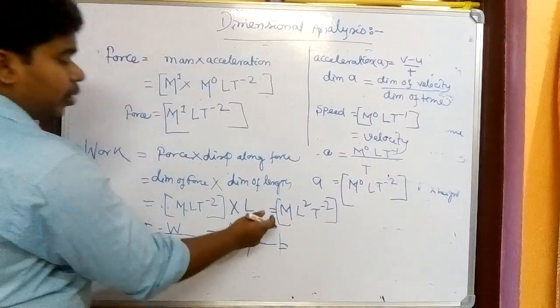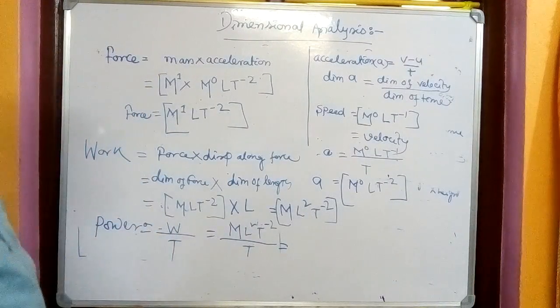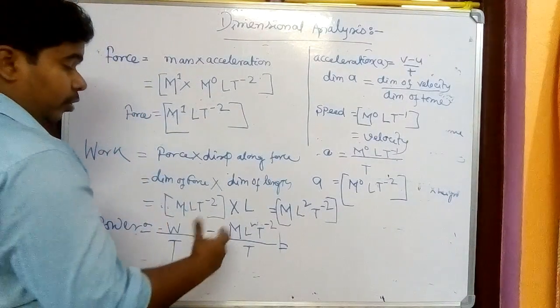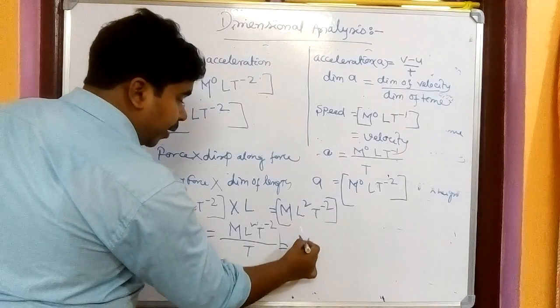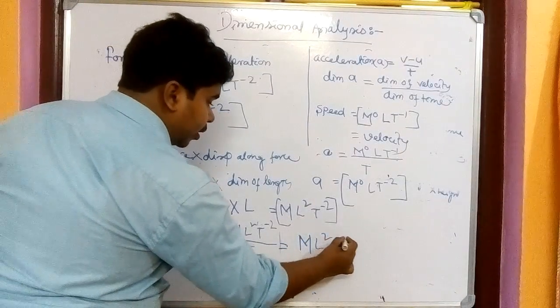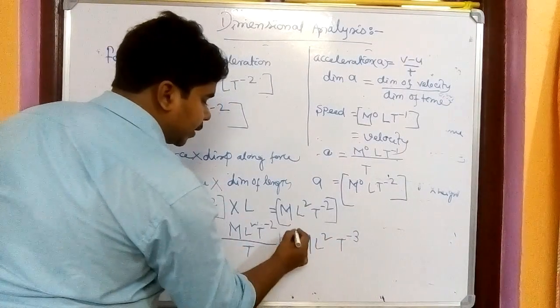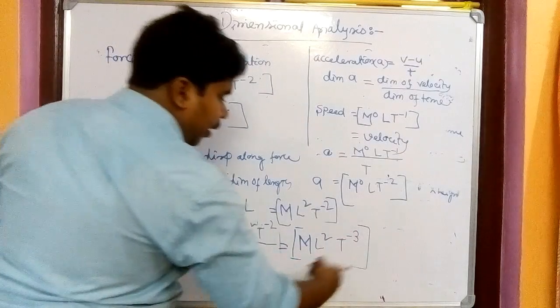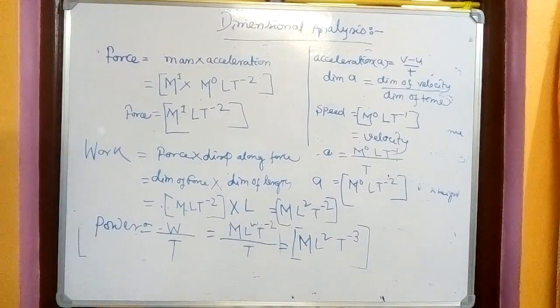Simple thing, because it was T to the power minus 1 when it is added, so T to the power minus 3. [M L² T⁻³] is the dimension of power.